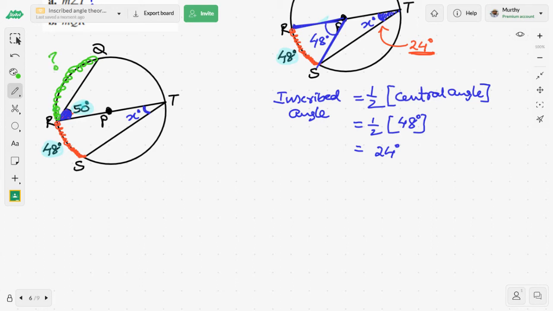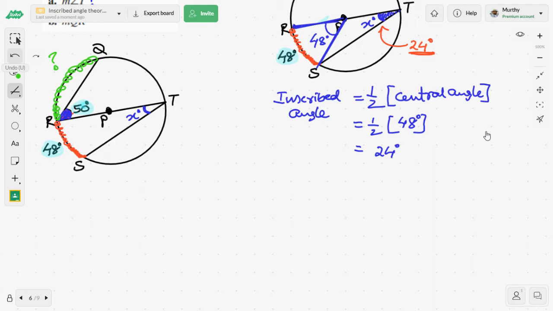Please remember the angle made at the center by radii equals the measure of the arc, right? So you are asked to find this central angle. Now let me clear off this one.